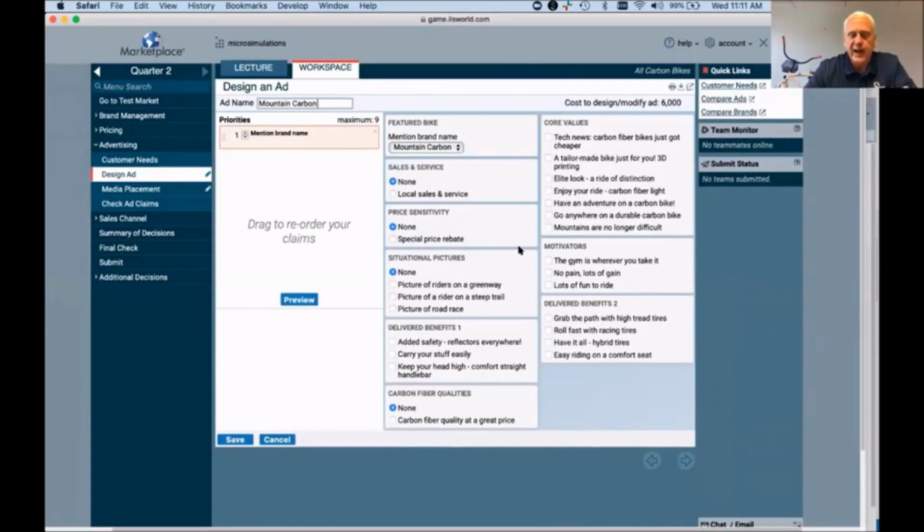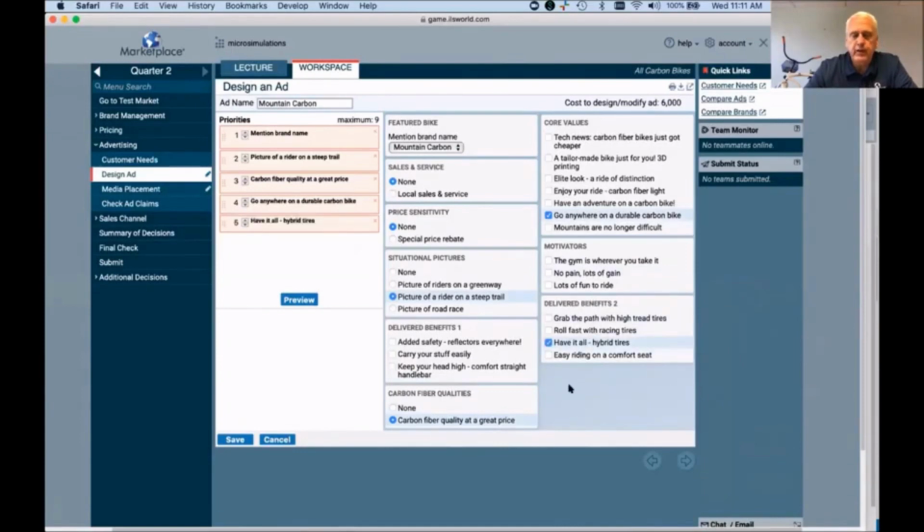You can put up to 9 benefits in here, and so I want a picture of a rider on a steep hill. I might want to emphasize carbon fiber quality at a great price. I can go anywhere on a carbon fiber bike. Let's see, have it all. I have my hybrid tires.